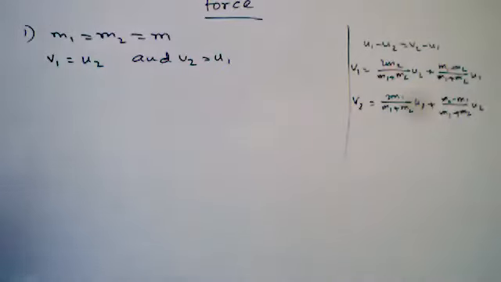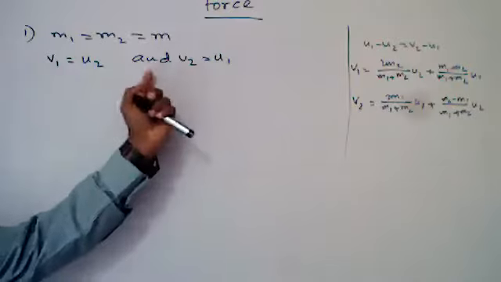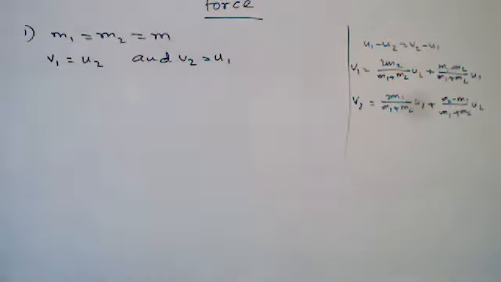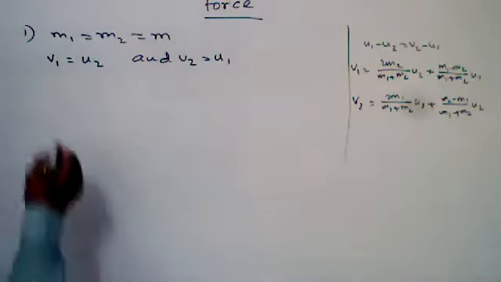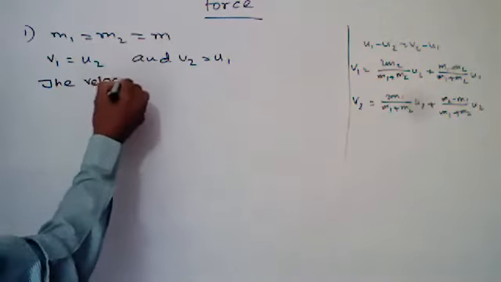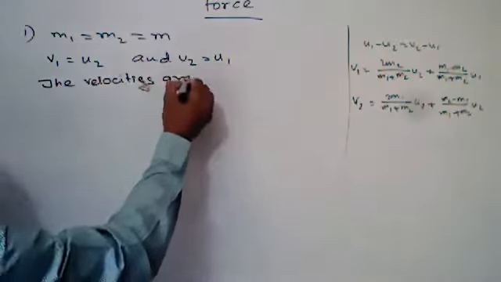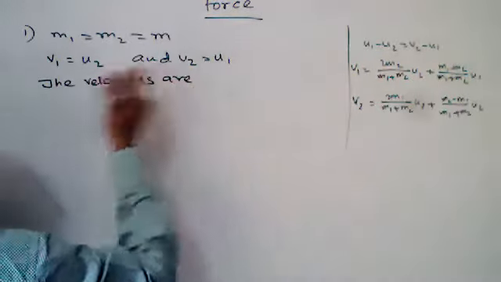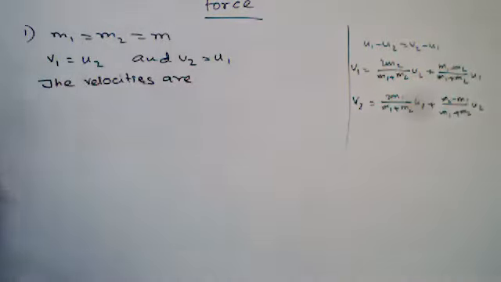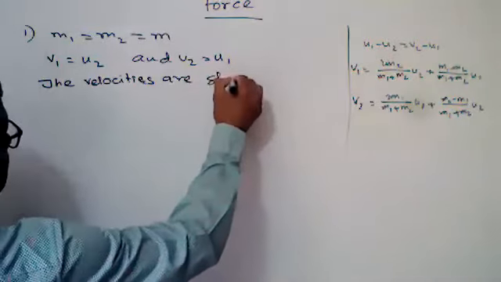The velocity of the first object before collision equals the velocity of the second object after collision. So we can say the velocities are shared.